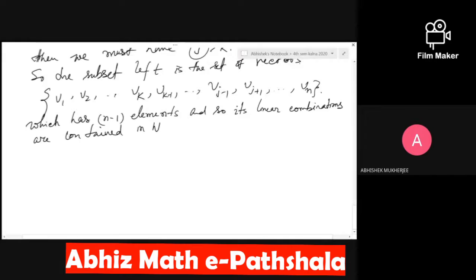Now after deletion of Vj, we can claim that this set of vectors V1, V2, ..., Vj minus 1, Vj plus 1, ..., Vn is also equal to the linear span of V1, V2, ..., Vn, that is W. So our claim is that it is actually W. Although we have deleted one vector from the original set of vectors, still the linear span is the same.